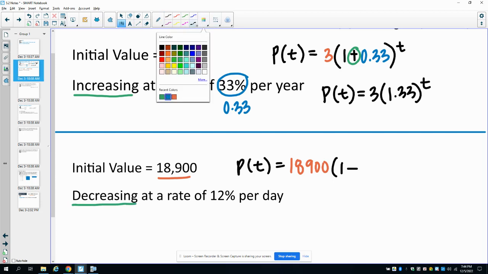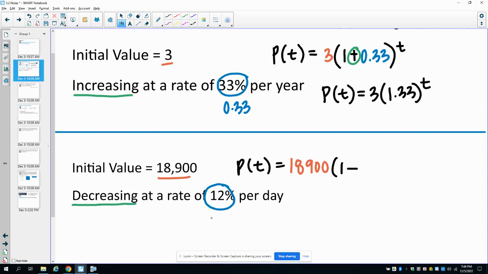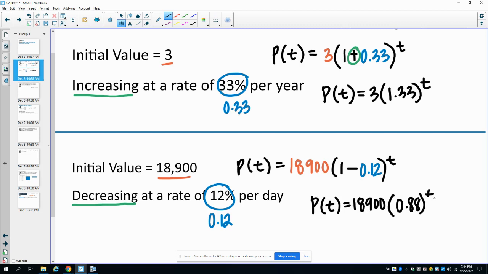So we subtract from our 100%, and we've got 12%, which as a decimal is 0.12. So we'll go 1 minus 0.12 and then to the t power. Again, you can simplify inside the parentheses. We won't be able to bring in the 18,900, but 1 minus 0.12 gives us 0.88 to the t.